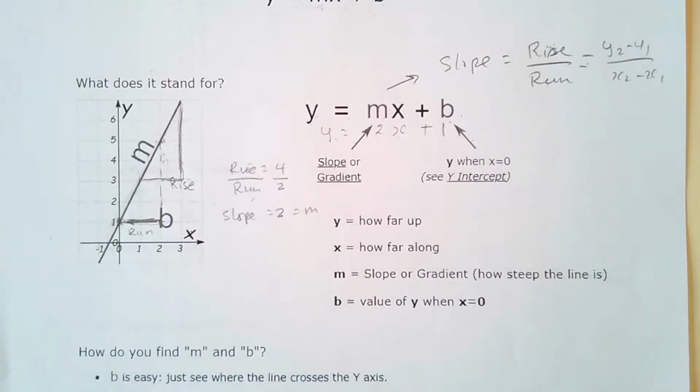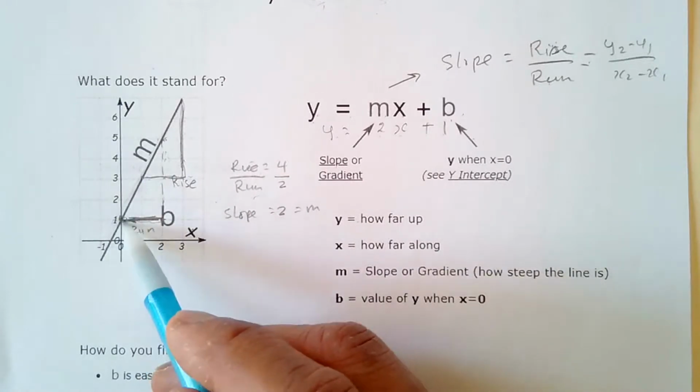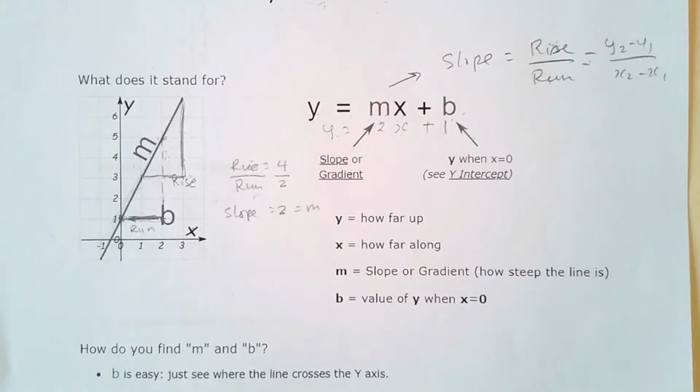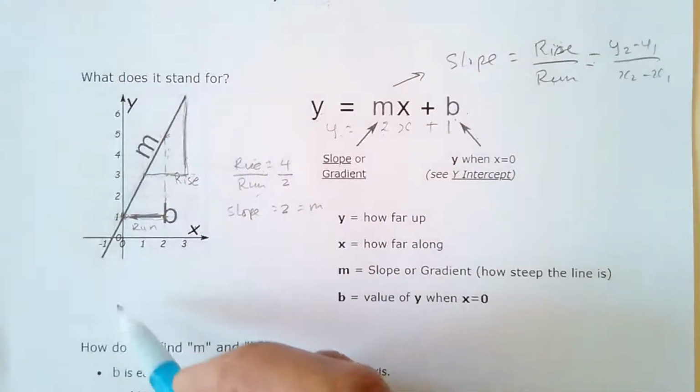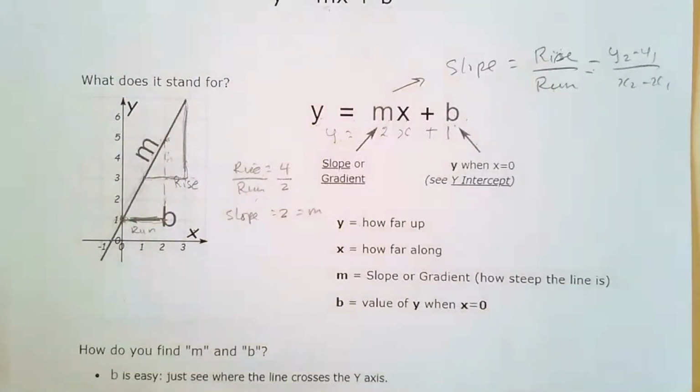Now, this only works if you have a graph where you can find the y-intercept where it crosses the y-axis. Sometimes that's not possible because the scale is so huge. Right? In a couple of examples we couldn't find the y-intercept because it's way below, which may be -100, -20, -30.